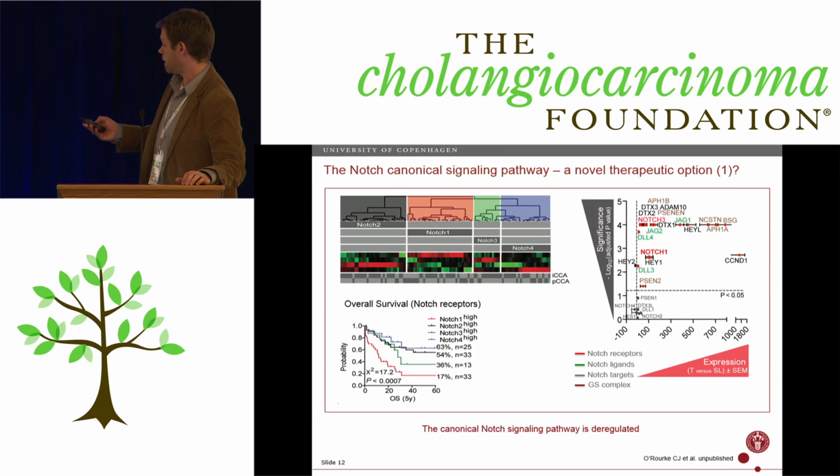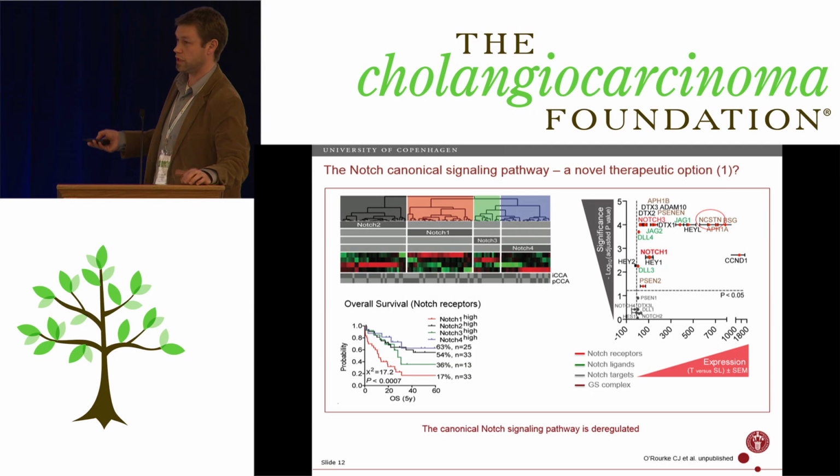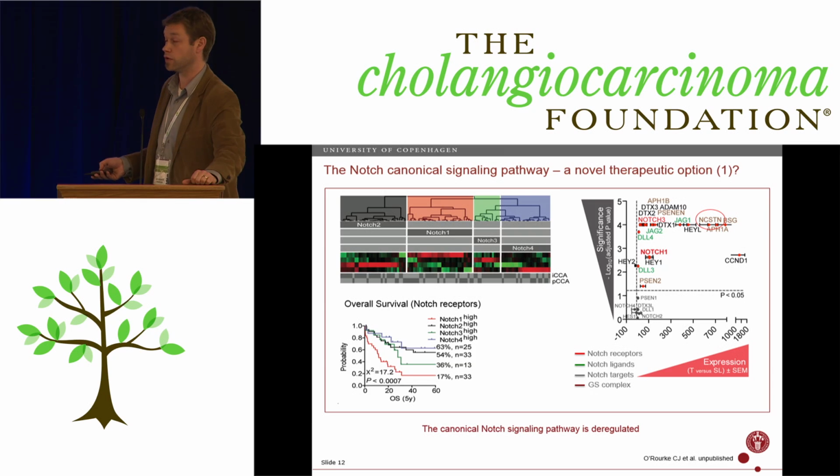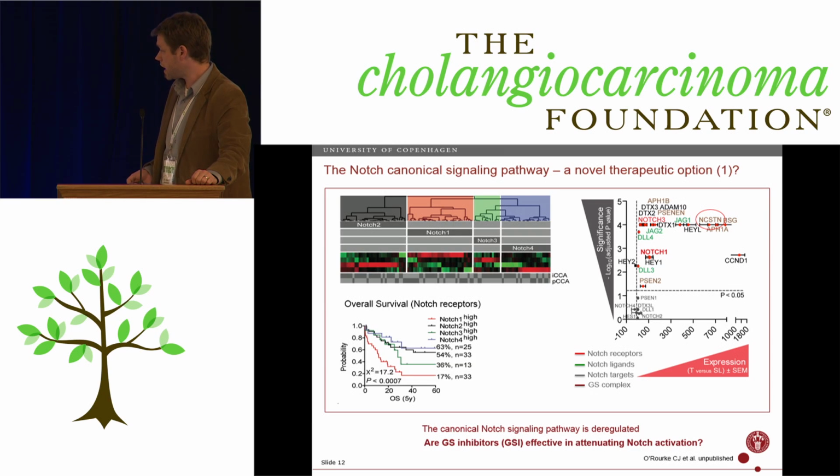It can probably also be appreciated that the brownish colors, the gamma secretase complex, are really among the more upregulated and more significantly upregulated members, as well as the one in the circle, which is the active component of the gamma secretase complex, presenilin. So the canonical NOTCH signaling pathway is, I would say, definitely deregulated in intrahepatic cholangiocarcinoma.